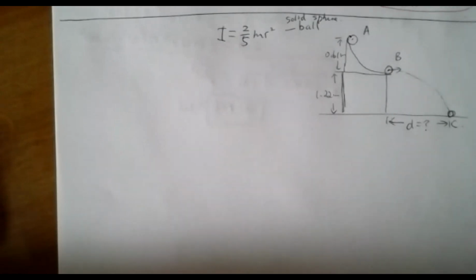For the moment of inertia of the solid sphere or ball, it should be 2/5 the mass times radius squared.